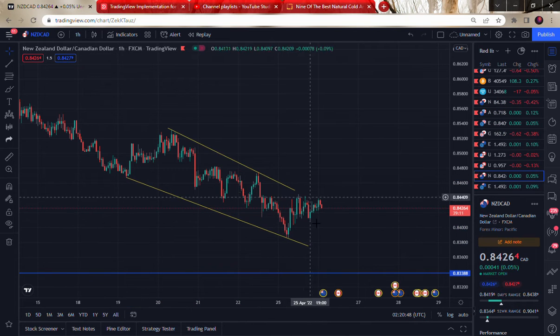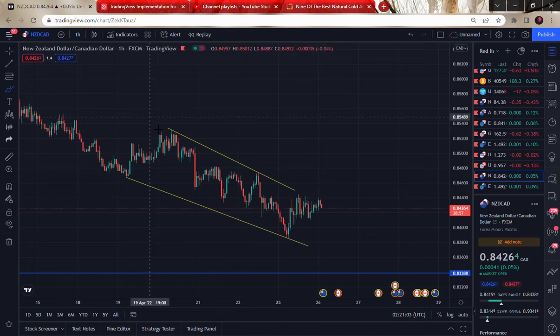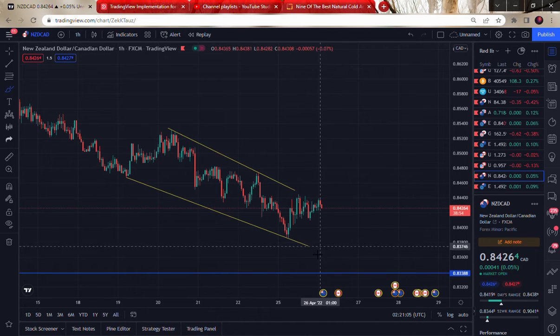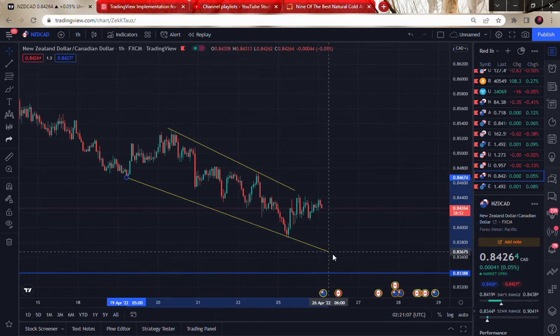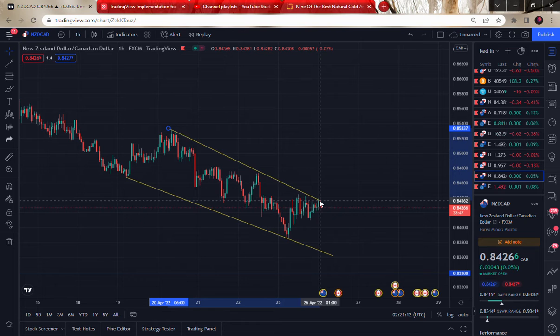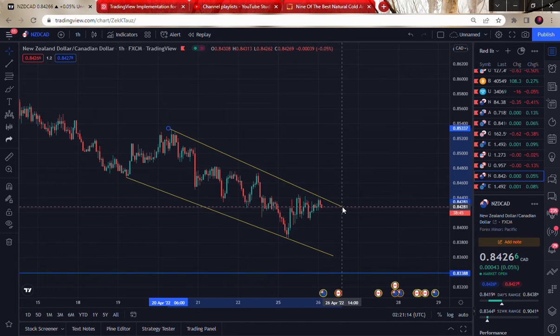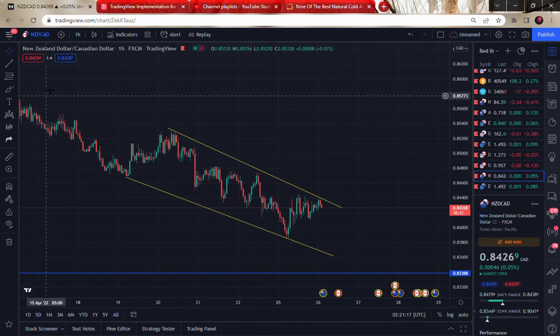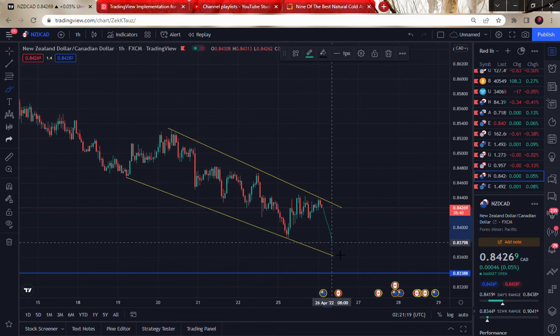Okay, so now I have this impulse and some sort of inverse head and shoulders formation, which makes it possible to take this move to the upside. As you can see, we have a descending channel, and on this descending channel we have the 1, we have the 2. There's a possibility that we might get a third touch before we go up, all right?